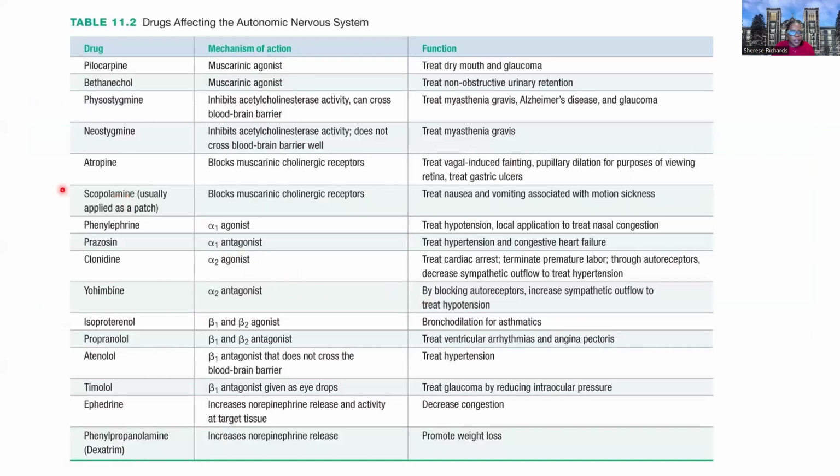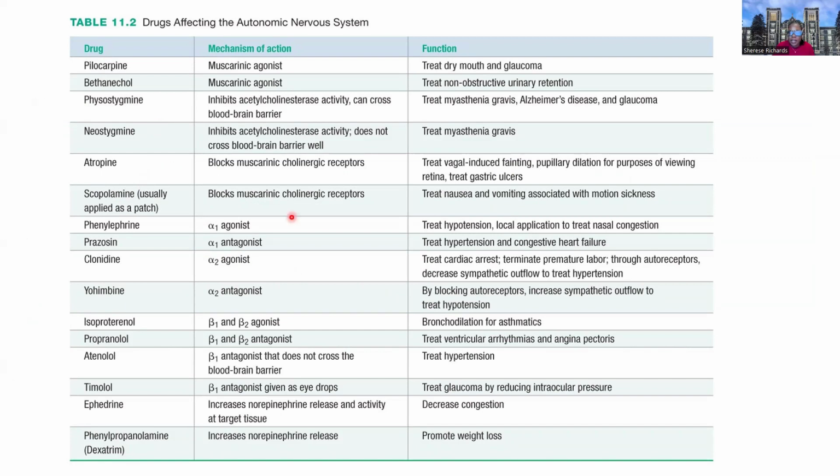And then here are some drugs that actually have effects on the autonomic nervous system. And so this is how we can leverage our understanding of these receptors, of the adrenergic response, or the sympathetic response, as well as the parasympathetic response, to treat some common diseases and some common symptoms.